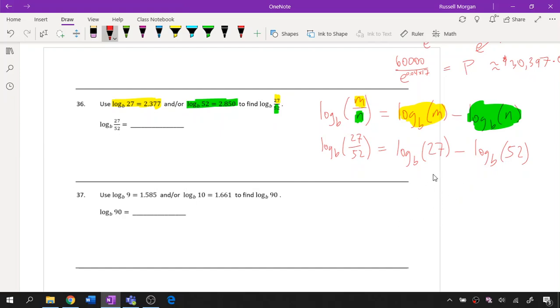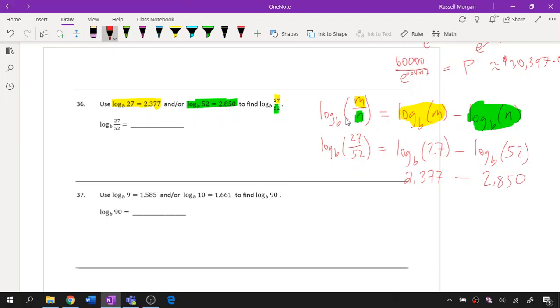How might I even do that subtraction? Well, they kind of told me what the value is. Log base b of 27 is 2.377. Then all I got to do is subtract this other log, which is log base b of 52. And that was just 2.850.